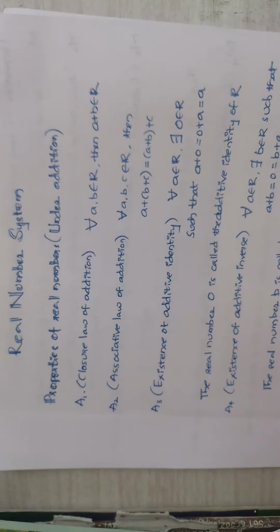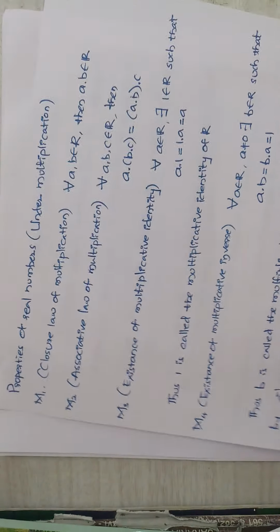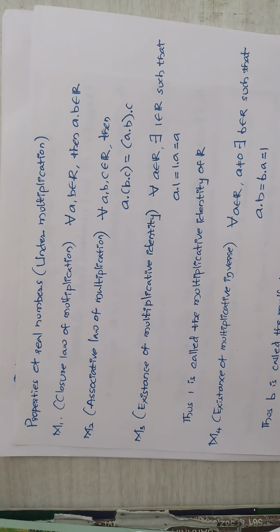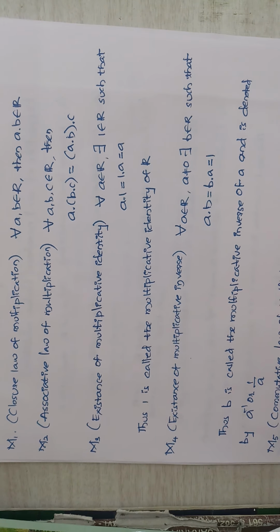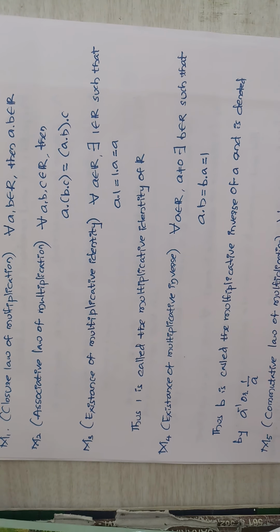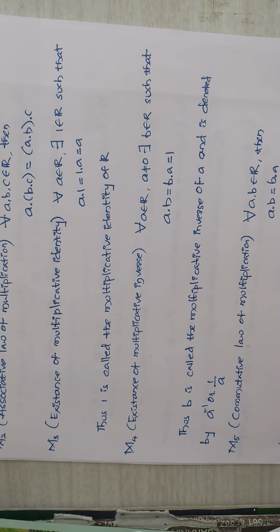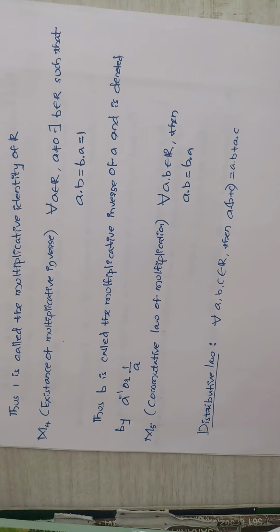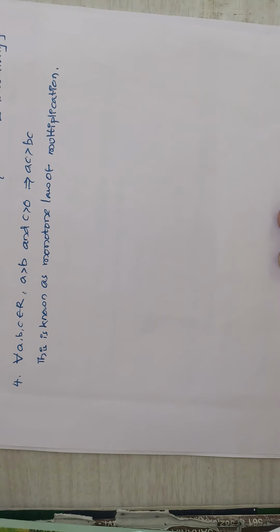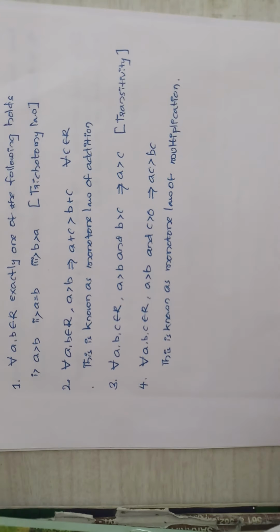And your next laws are closure law of multiplication, associative law of multiplication, existence of multiplicative identity, existence of multiplicative inverse, and commutative law of multiplication, as well as distributive law. So using these conditions we are going to define a definition.